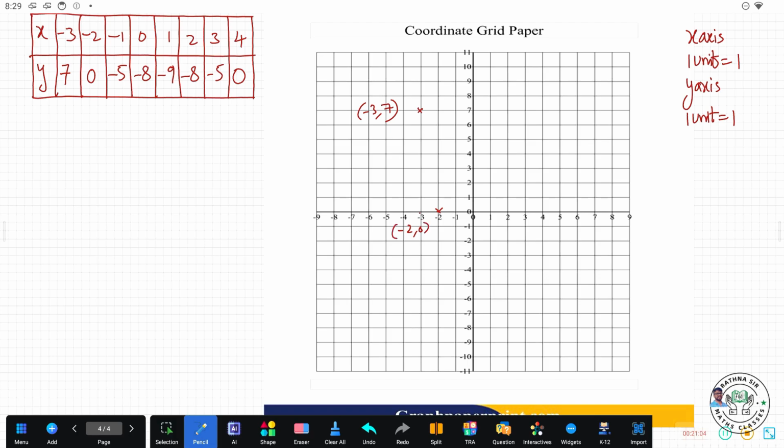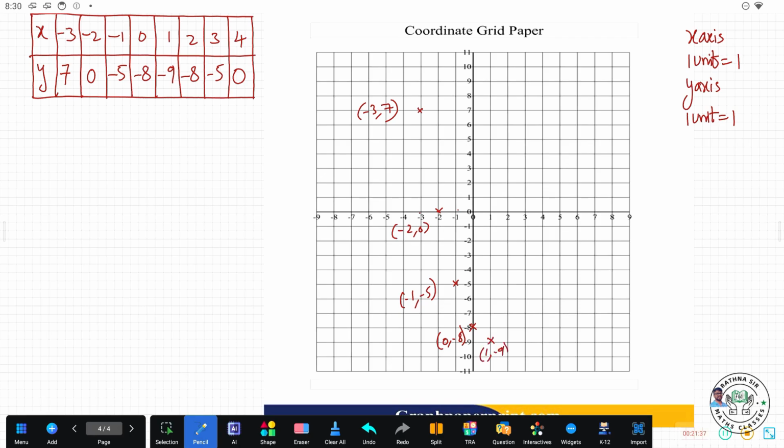Third point is minus 1, minus 5. This is the third point. Next 0, minus 8. So this is the fourth point, 0, minus 8. Next point is 1, minus 9. This is the point, 1, minus 9.